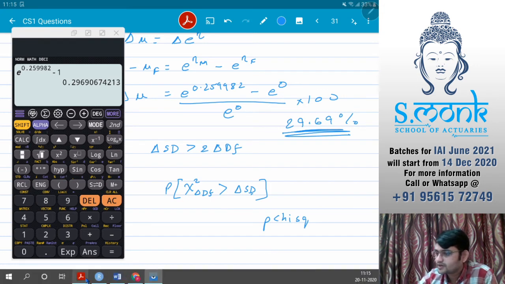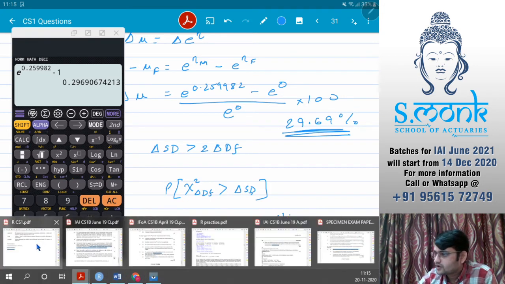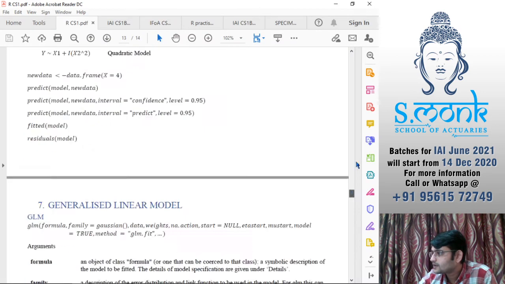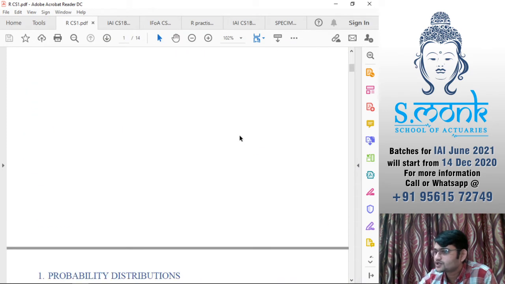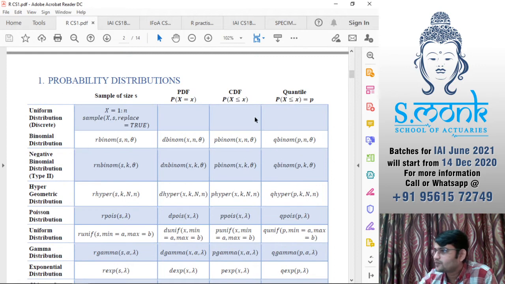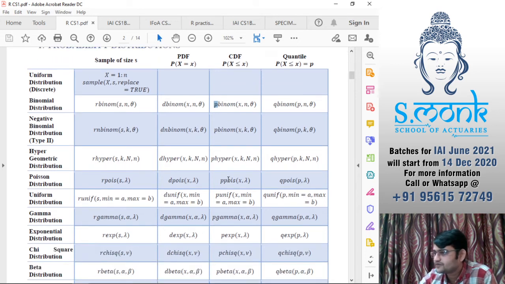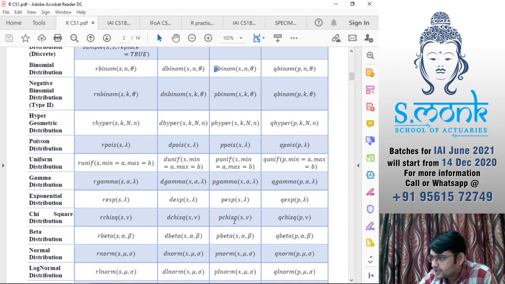Okay, remember we talked about this at the beginning when we were talking about different distributions. If I want probability CDF that is less than, I use p as my prefix. For chi-square it is going to be p CHISQ. Then we'll have to specify we are finding probability for what value, and then degree of freedom.